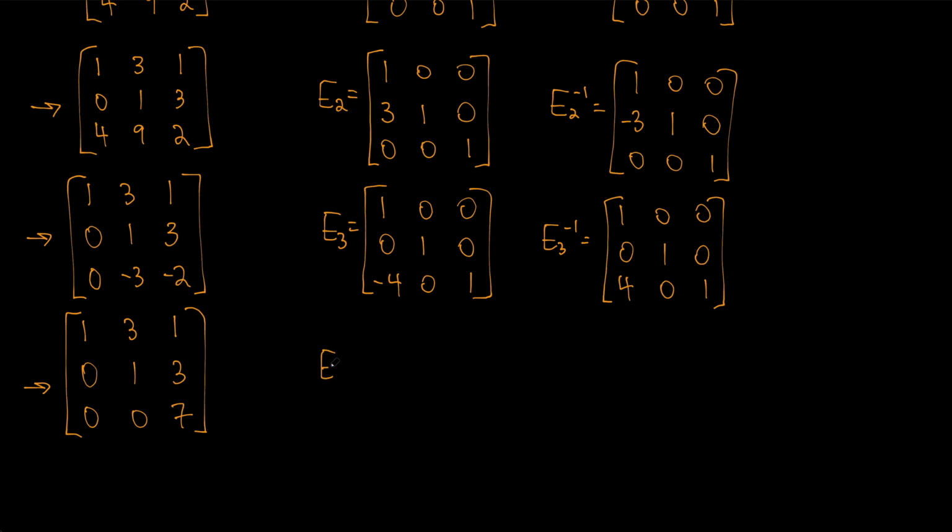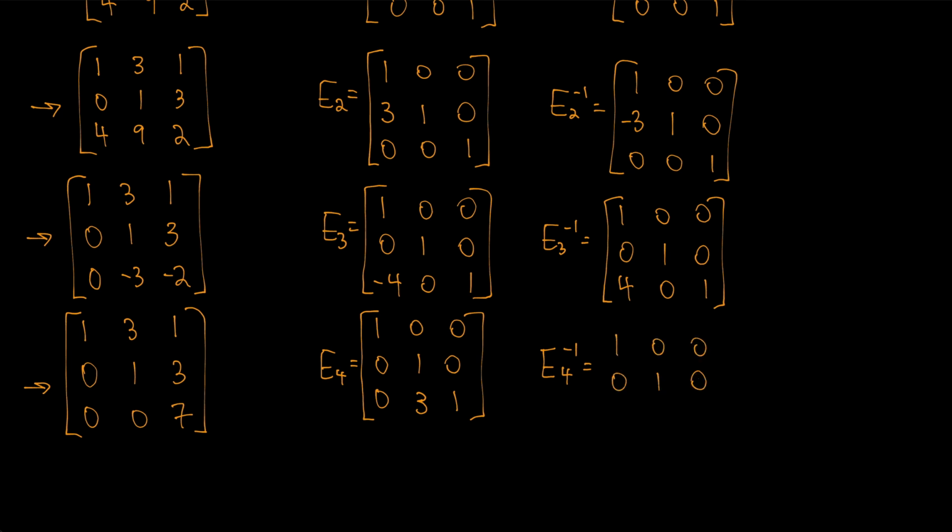So that means that E4 is 1, 0, 0, 0, 1, 0, 0, 3, 1. Okay, so E4 inverse is 1, 0, 0, 0, 1, 0, 0, minus 3, 1.